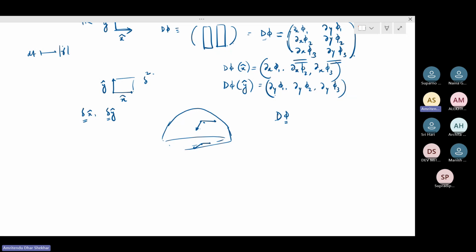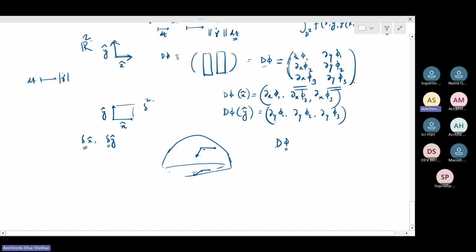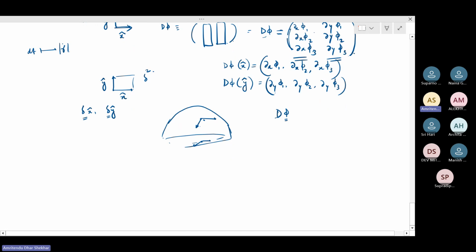So let's say you consider this part, you consider this part, and then you consider this part. Okay. So I'll just write what this is. You consider three 2 cross 2 matrices where one matrix is 1 comma 2, one matrix is 1 comma 3, and the other matrix is 2 comma 3.